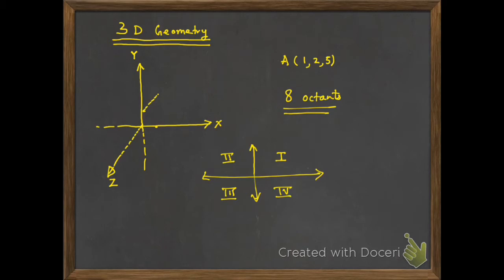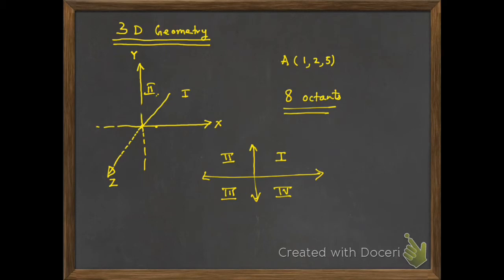But the XYZ axis divides plane into 8 octants. So the octants are like this. On the back side you have 1, 2, then down you have 3, 4, and then 5, 6, 7, 8 on the front side.